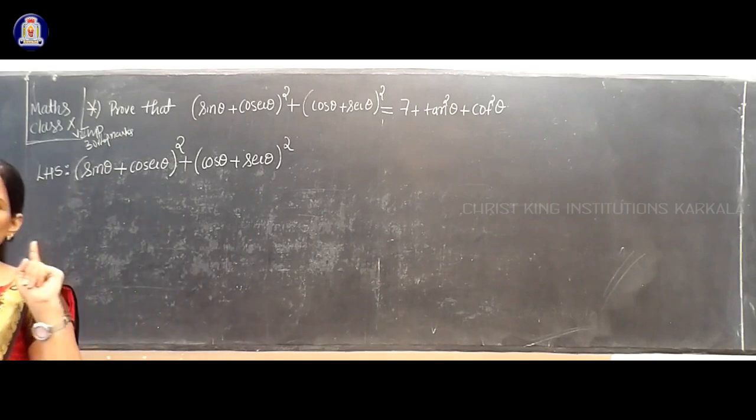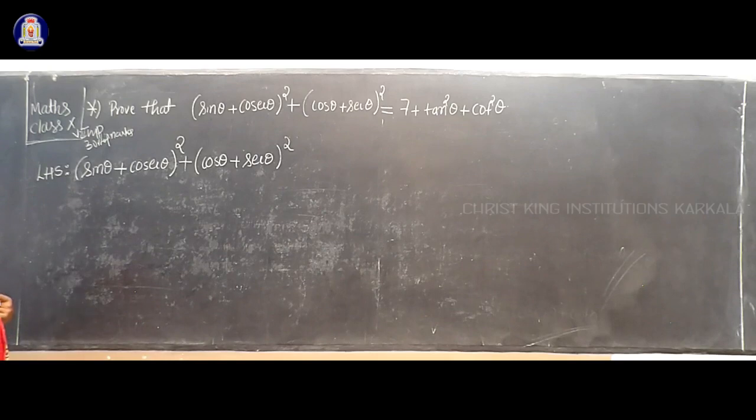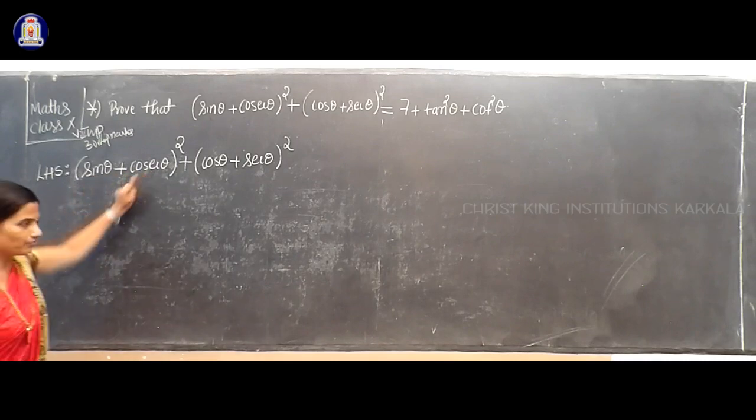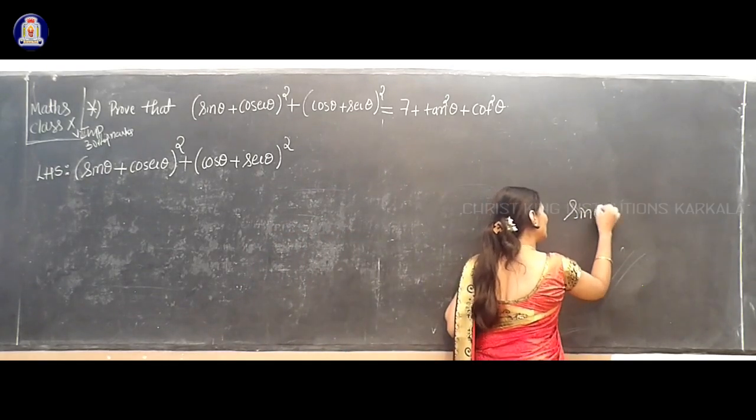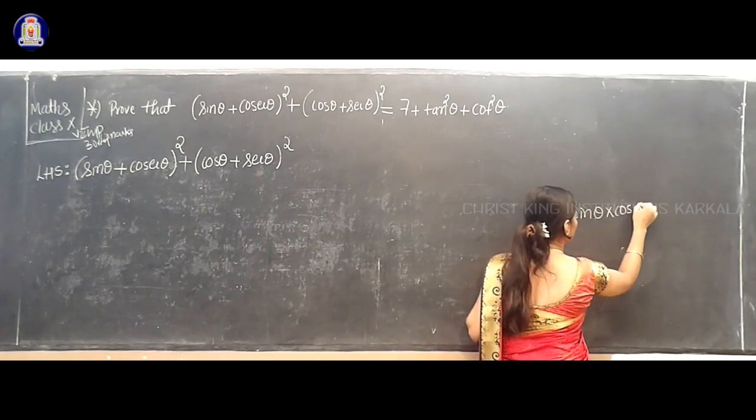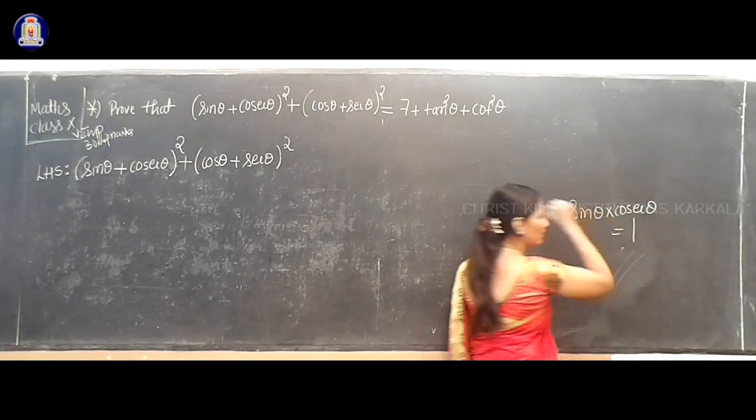Is it possible to apply your identity? No. Sin square, cos square, that is cosecant, different. See here, this is sin theta and this is cosecant theta. Is it possible to apply this formula, sin theta into cosecant theta? Can you write this as equal to 1?